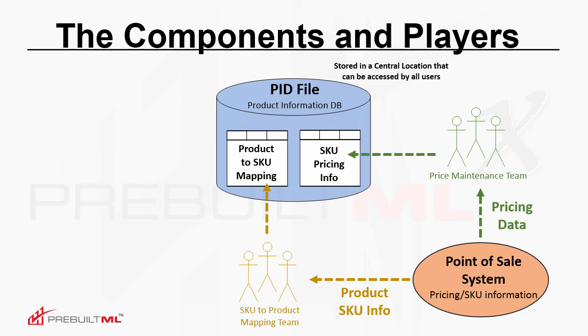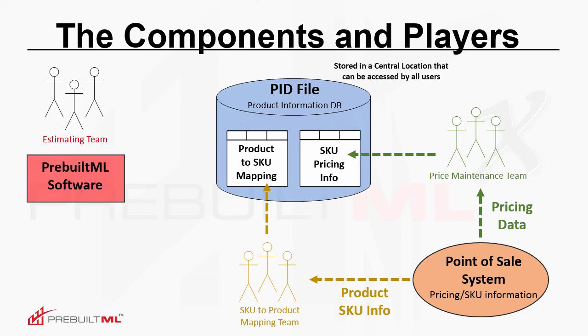The third component, obviously, will be the estimating team in your organization. And to show you how this looks, when they complete a takeoff, the material list will be sent through the PID file into the product SKU mapping table. And if you're using option 1, that is, the point of sale system will price your report, essentially at that point, that information can be exported and you can import it into your point of sale system to create the priced material list.